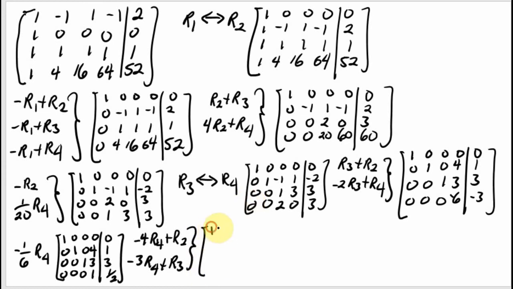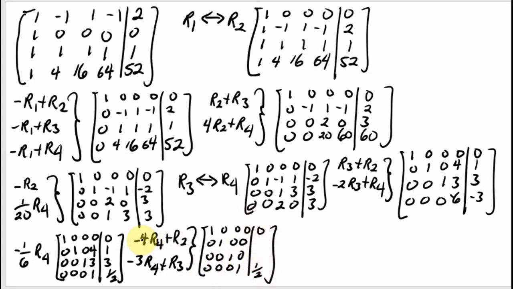So row 1 stays the same. Now I'm going to have the identity, or that Gauss-Jordan form, on the coefficient side. That's the 1/2 there.